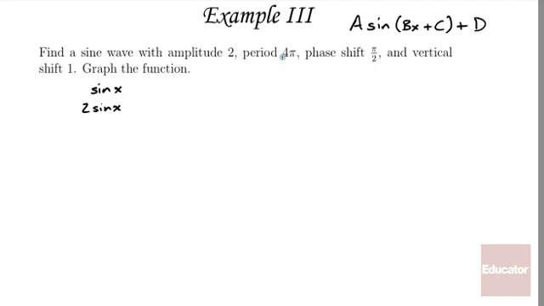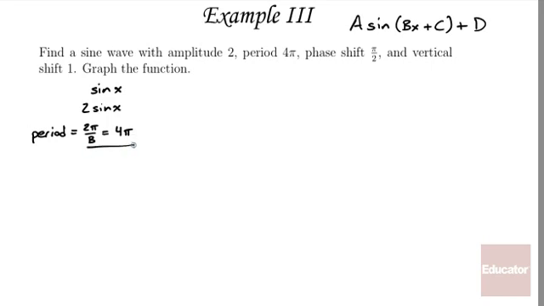Now, period 4 pi. Remember our equation for period. Our equation for period was 2 pi over b, and that is supposed to be equal to 4 pi.